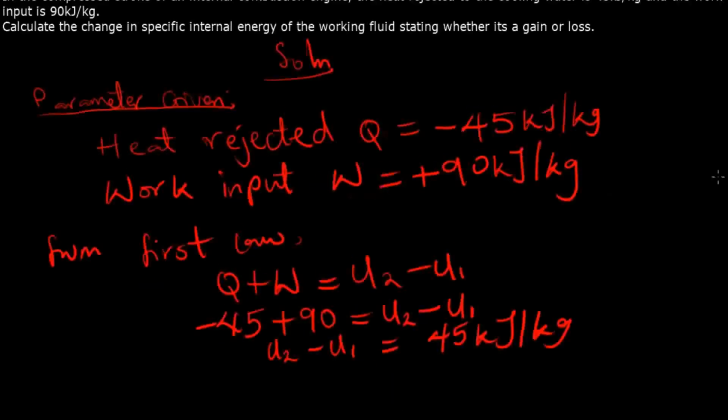So it doesn't end there. They said we should state whether it's a gain or loss. So positive 45 means it's a gain. You can choose to write plus 45, but by mathematics you don't write it that way. 45 is already positive.